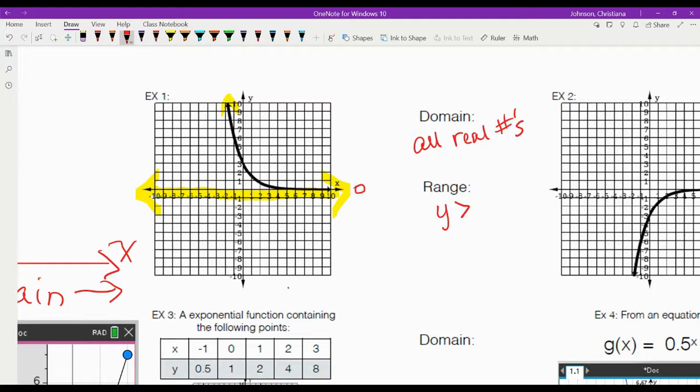So it starts here. You can imagine it having an actual open hole every time at 0 and going to infinity. So we call that place where it's approaching something called an asymptote. It's a place where the equation approaches but never touches. So at y equals 0, there's like a wall there stopping the graph from continuing to come down.